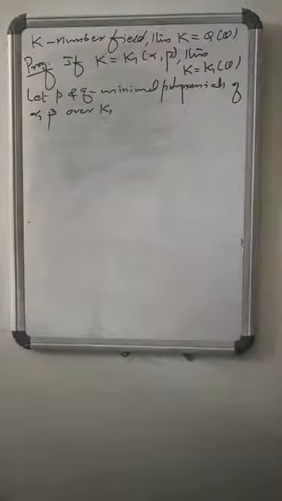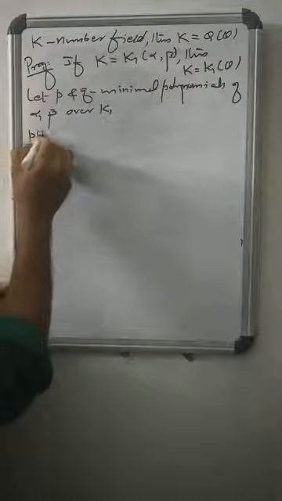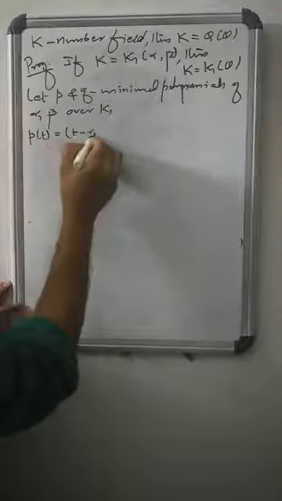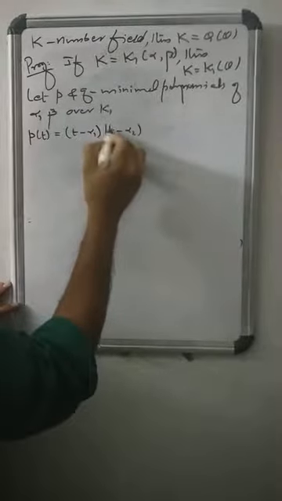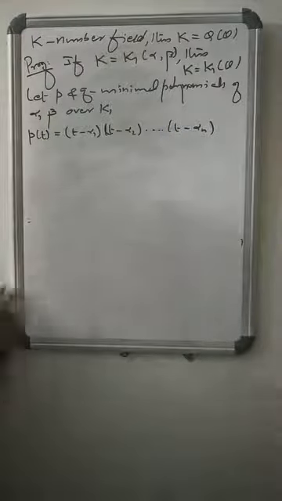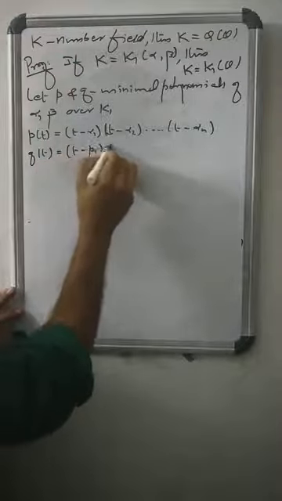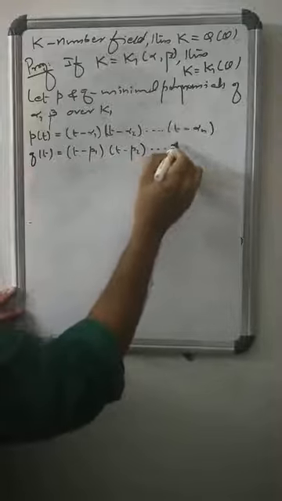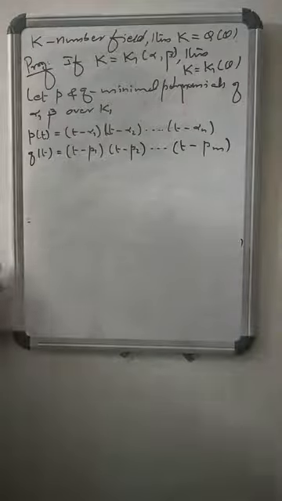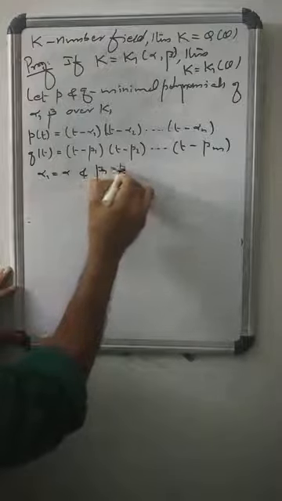So we can factorize them. Let p of t equals (t minus alpha 1)(t minus alpha 2) and so on up to (t minus alpha n), and q of t equals (t minus beta 1)(t minus beta 2) and so on up to (t minus beta m). Let alpha 1 equal alpha and beta 1 equal beta.